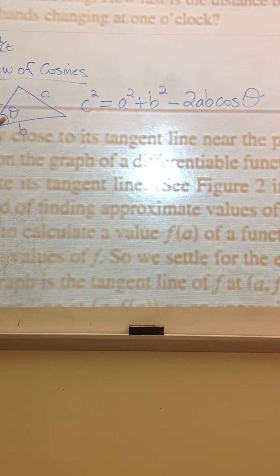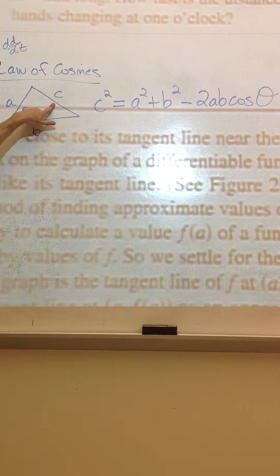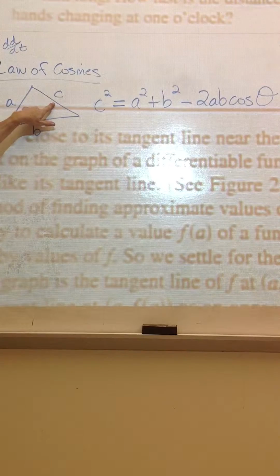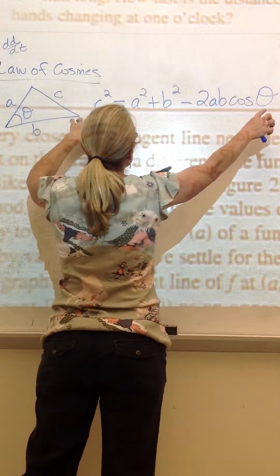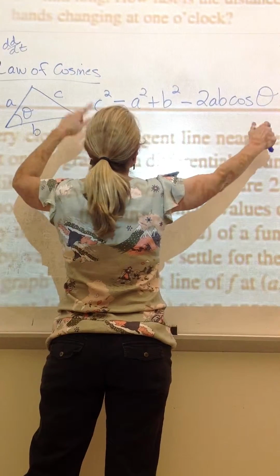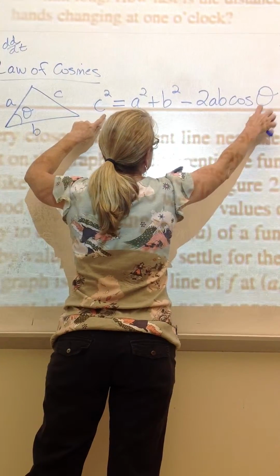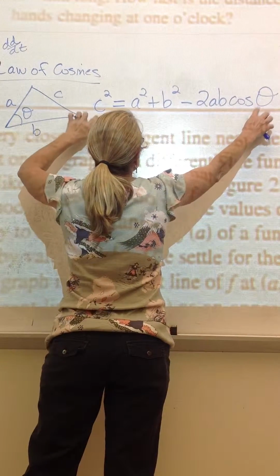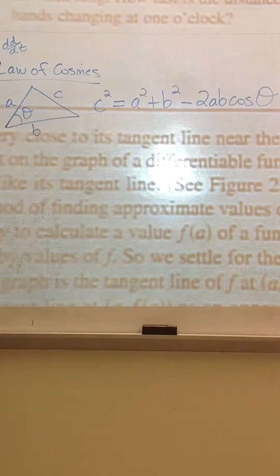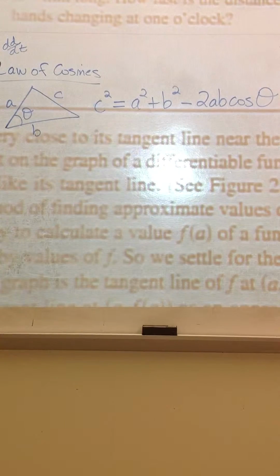Notice theta is opposite that side. You can write the law of cosines for any one of the sides, but make sure that the angle is opposite that side, and the other two legs are the other two sides of the triangle.